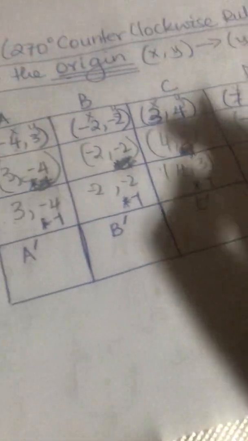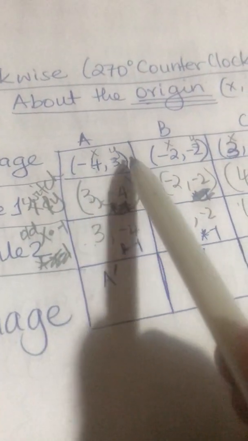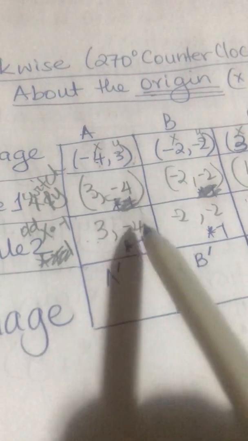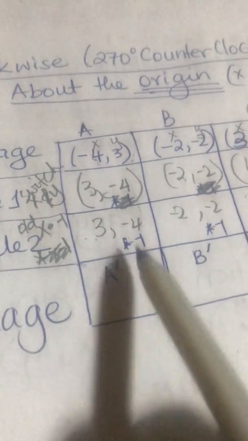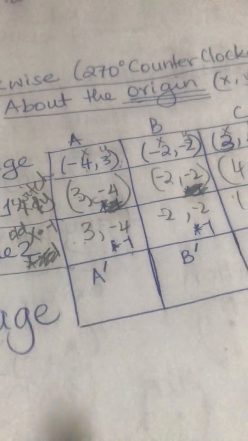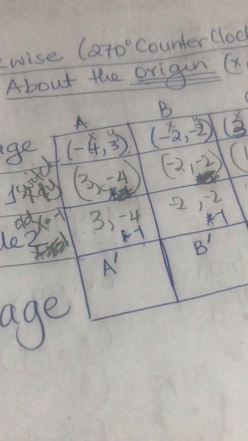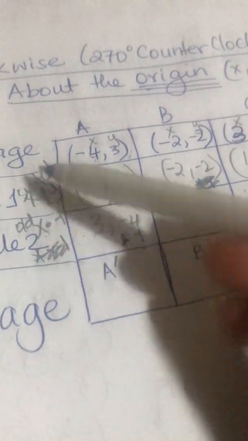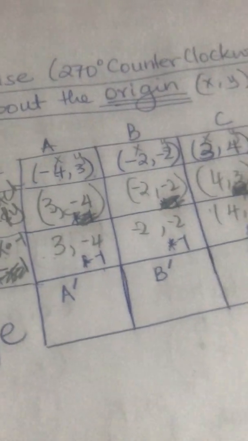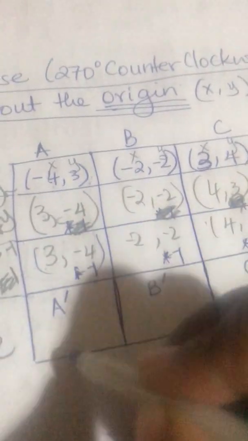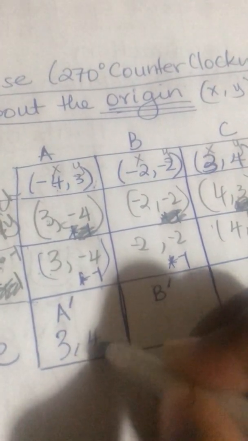Again, switch X and Y, multiply X with -1. Or you can multiply X and then switch. It doesn't matter. You can multiply X and then switch, or switch and then multiply. So now your A prime will be 3, 4.